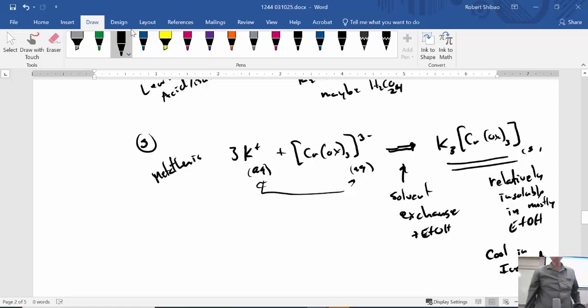So I'm going to modify the procedure a little bit here. After heating this to complex it, we're going to let it cool down, and then we're going to add some ethanol to this. What I'd like you to do is add a little bit of ethanol and see if you get some. Okay, actually, before you add the ethanol, make sure everything's dissolved.